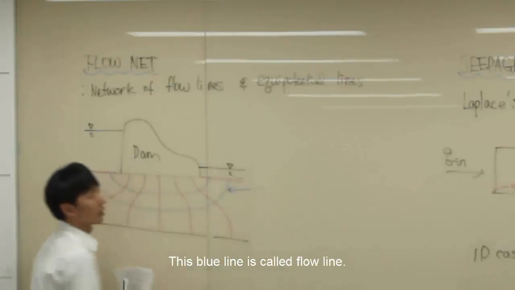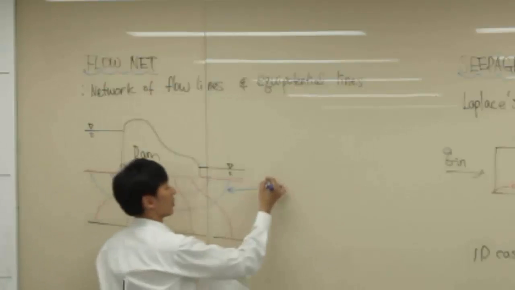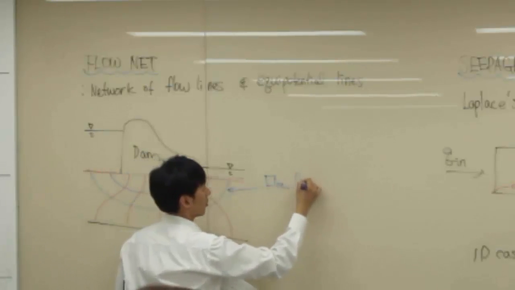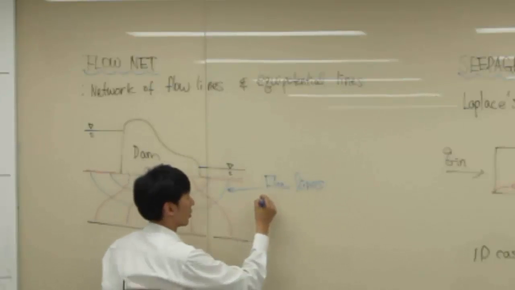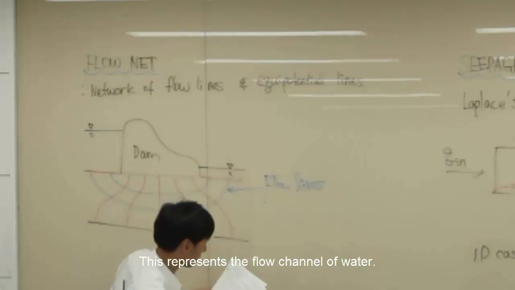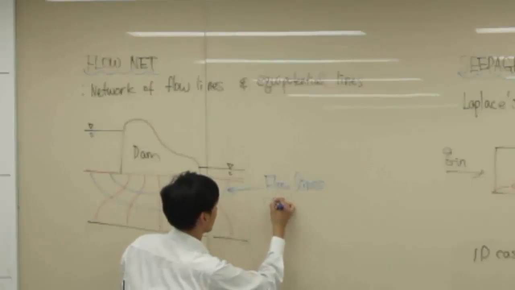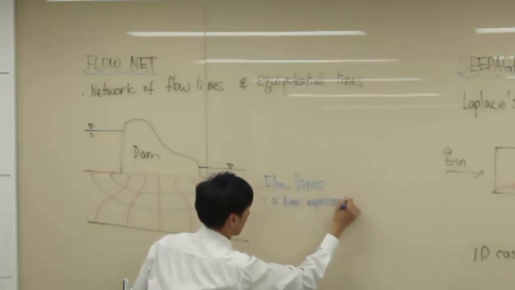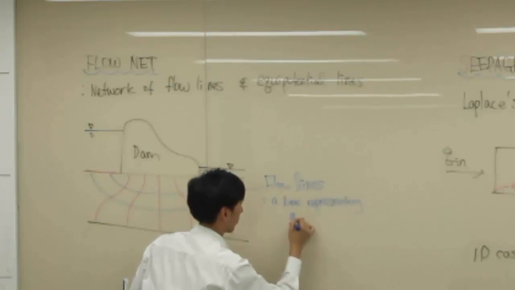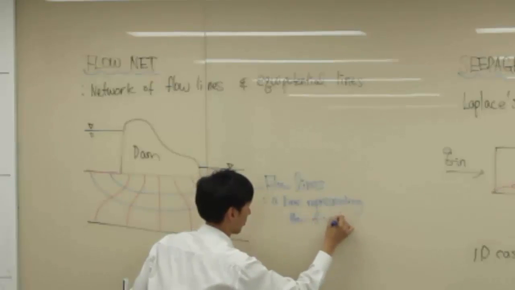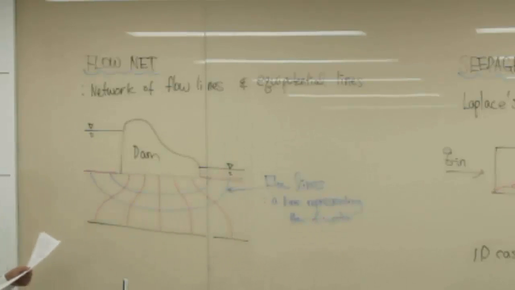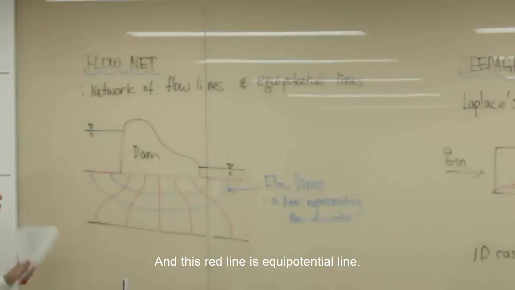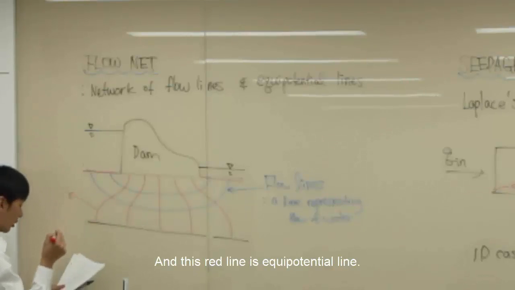So this blue line is called the flow line. And this represents the flow channel of water, the flow of water. And this red line is called the equipotential line.